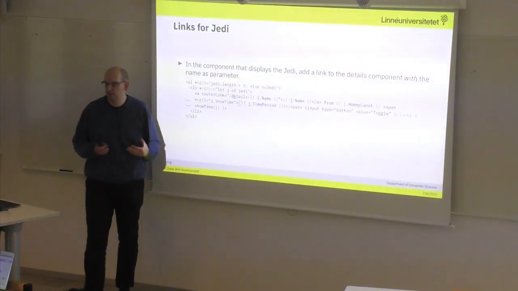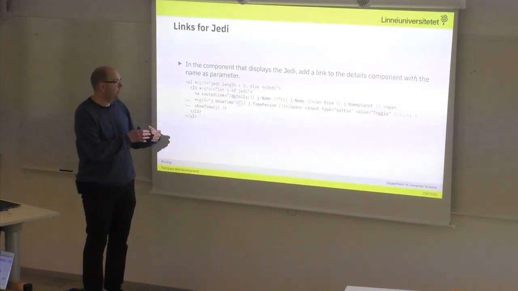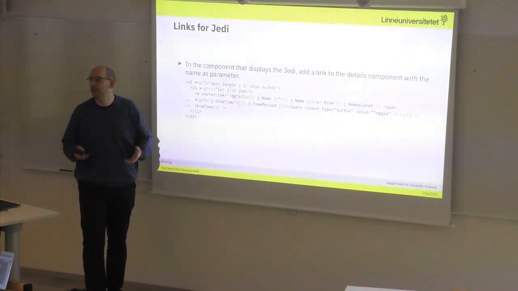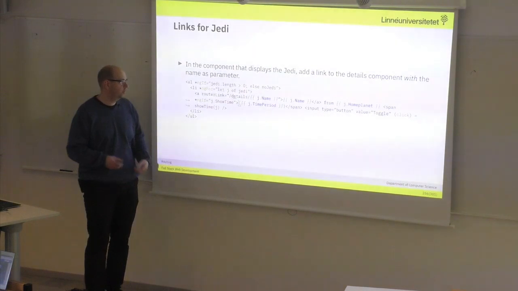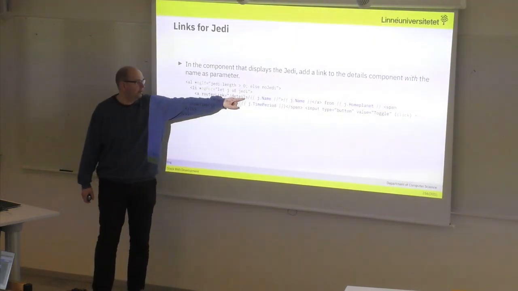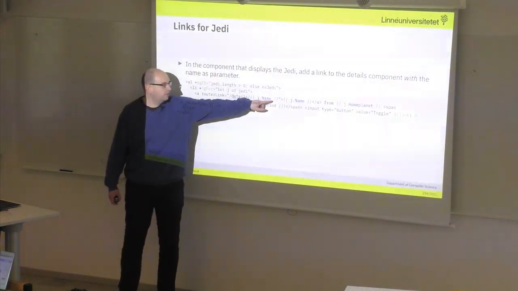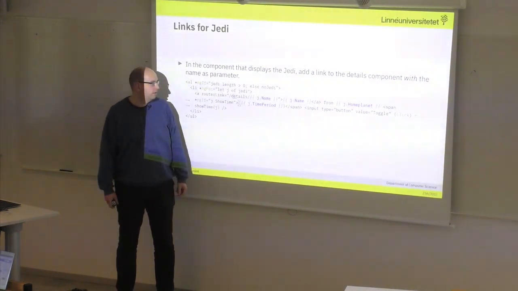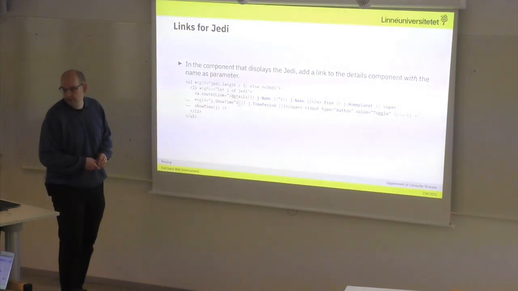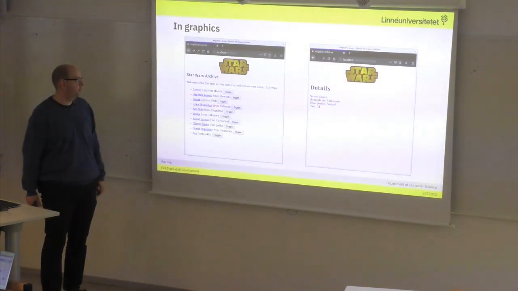And as we are going to add router links for this, we will always actually have something to look at. So a router link to details/name like this means that we will send the current name. It's easier to see over here.